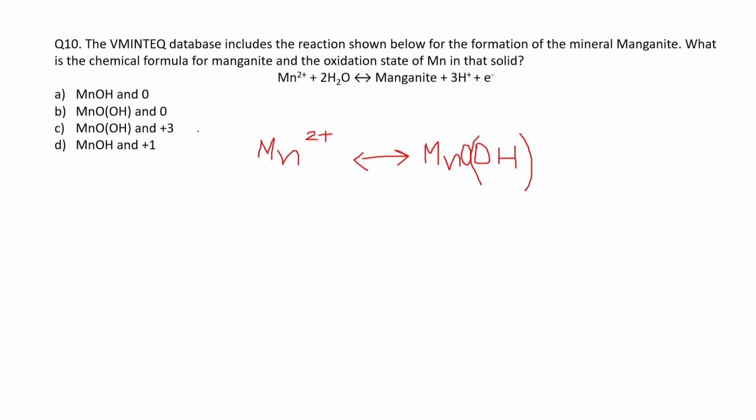Okay, we have to find out the oxidation state of manganese in that solid. So let's assume it is X, plus -2 for oxygen, and for hydroxide we know it is -1, and overall charge is 0.